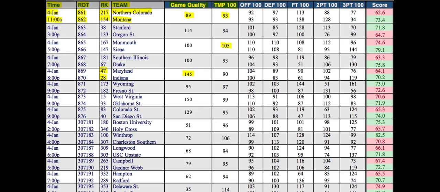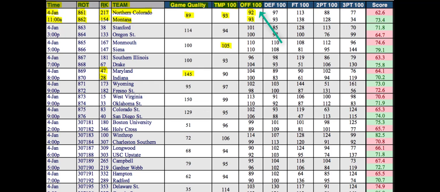These two columns kind of go hand in hand. This is offense 100 and defense 100. For the offense column, more than 100 is above average, less than 100 is below average. So we see Northern Colorado is at a 92. We have them rated offensively as 8% below average. And Montana at a 93.